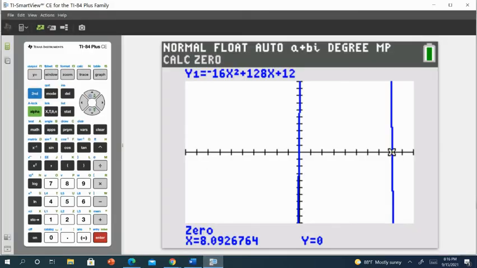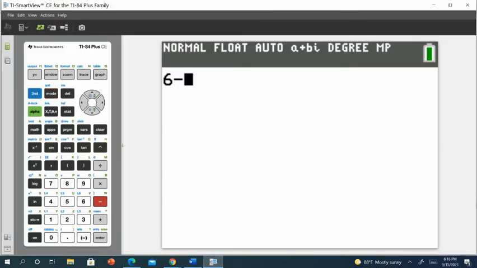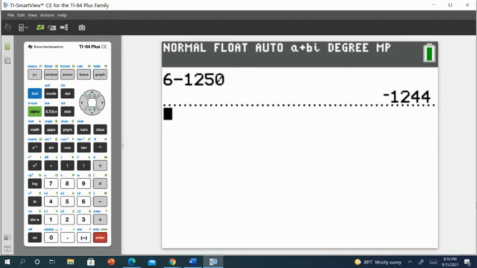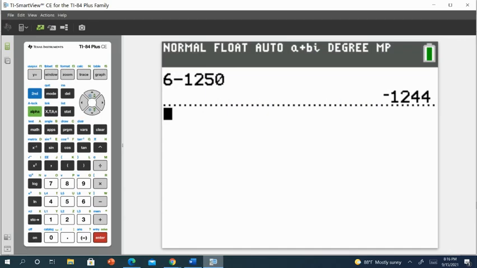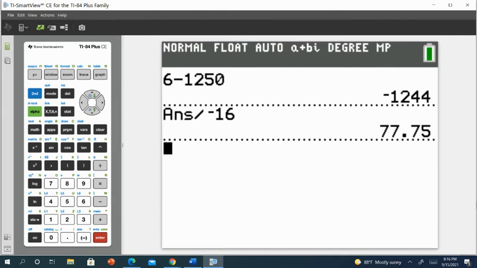So 6 minus the 1,250 gives me negative 1,244. Then we're going to divide by the negative 16, and we get 77.75.